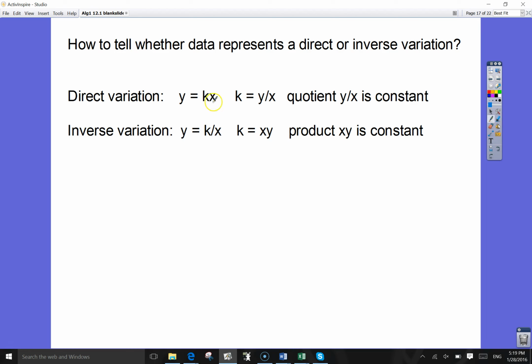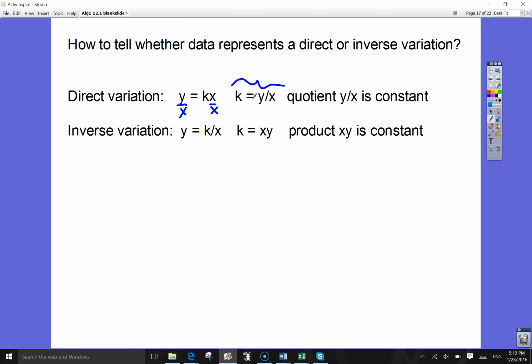If I solve that for k, meaning divide both sides by x, what we come up with is k equals y divided by x. Now, x and y are variables. They are going to change. There's going to be infinitely many pairs of coordinates x and y. But what doesn't change, because it equals a constant, y divided by x equals a constant, is the quotient.